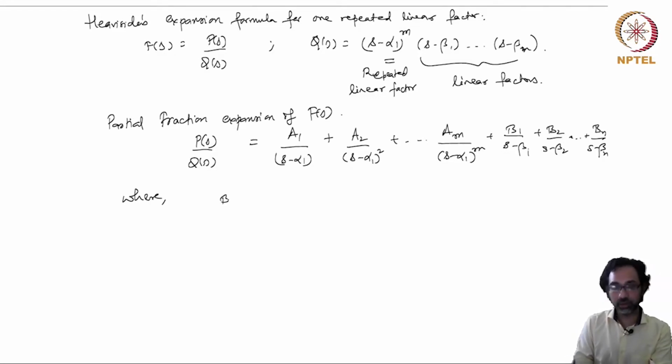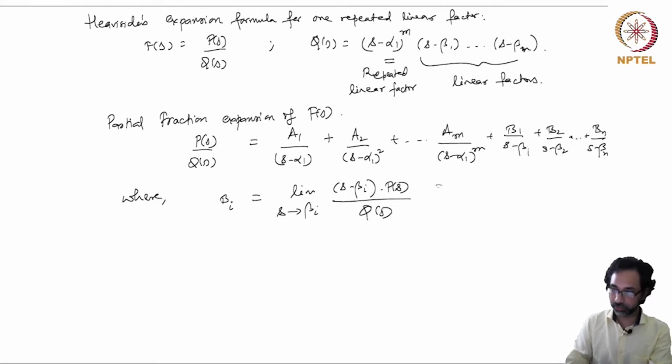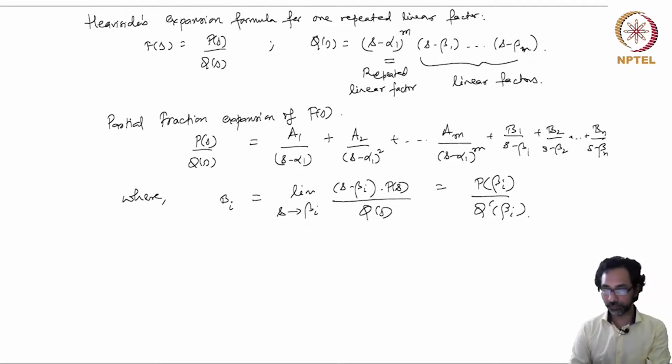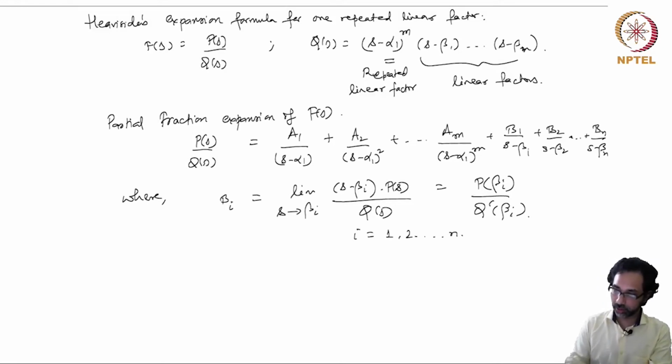The b coefficients are known. So b_i equals the limit as s goes to beta i of (s minus beta i) times P(s) over Q(s), which is simply P(beta i) over Q prime(beta i), for i equal to 1 to n.